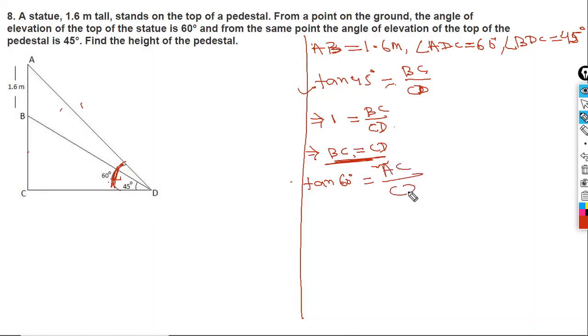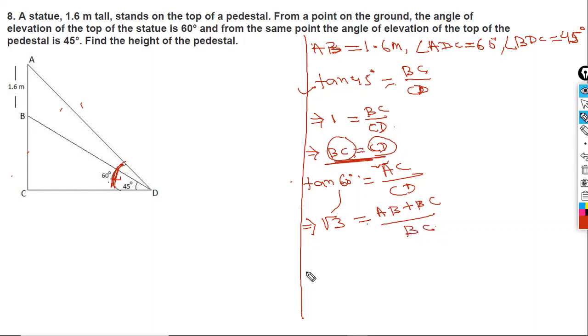You know the value of tan 60 is root 3, equal to length of AC, we don't know, AC will be equal to AB plus BC, you can write AB plus BC divided by CD. CD we had just found, CD is equal to BC, so instead of CD we will write BC.